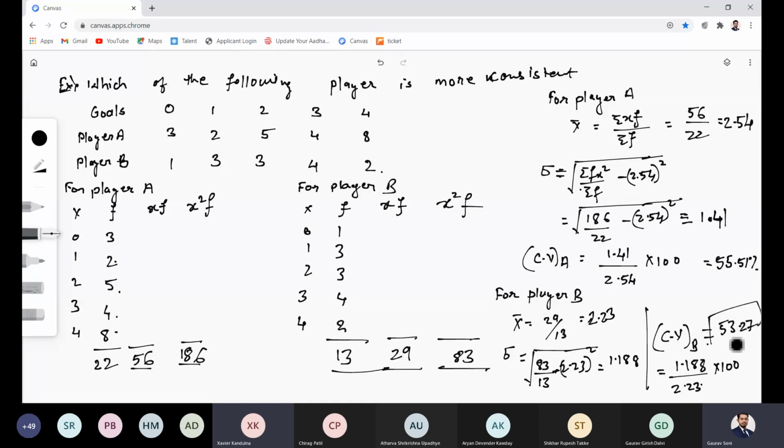So now coefficient of variation of A is actually greater than coefficient of variation of B. So B is more consistent. Clear? Next example.